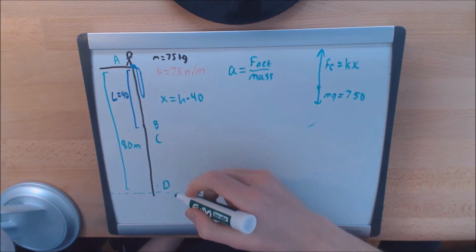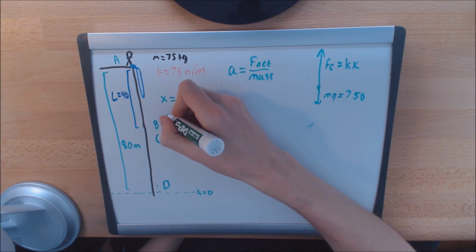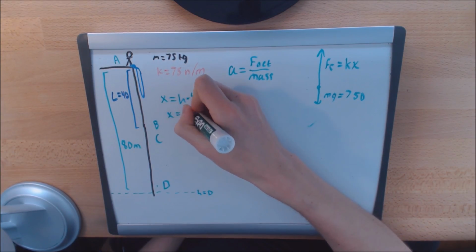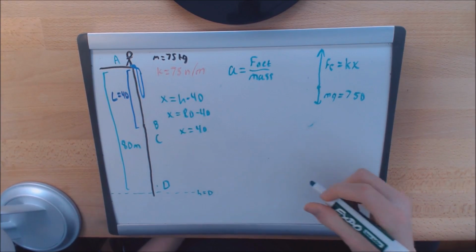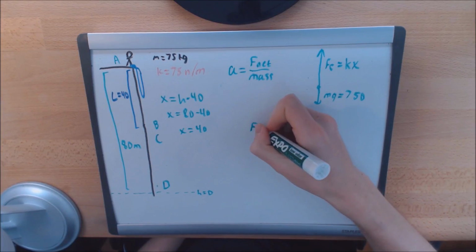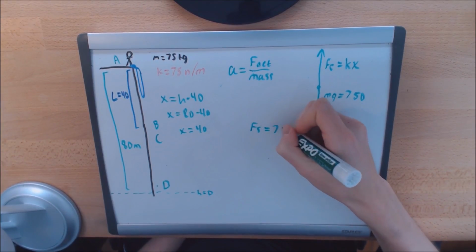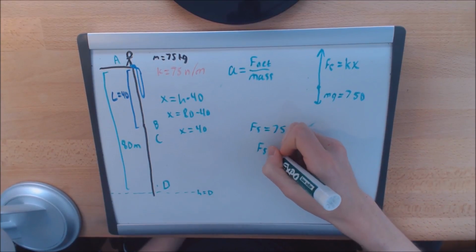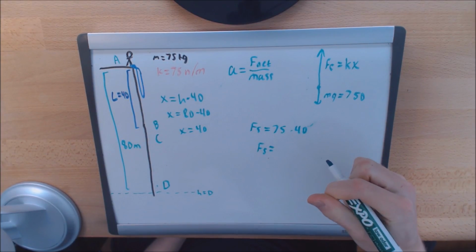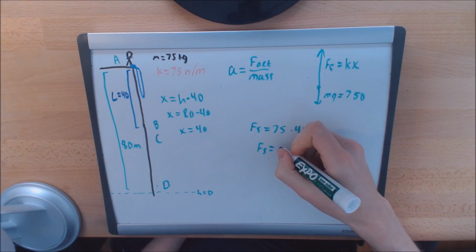And since our height is going to be 80, x will be 80 minus 40, so x will be 40. So our force by the spring is going to be a whole 75 times 40, or 3,000.